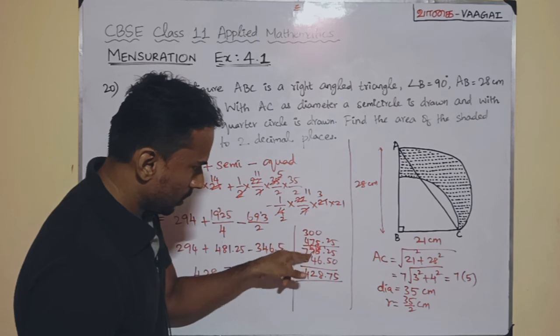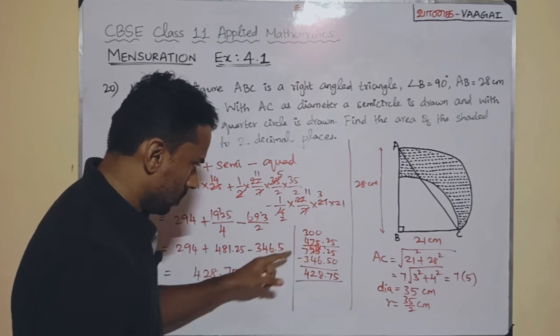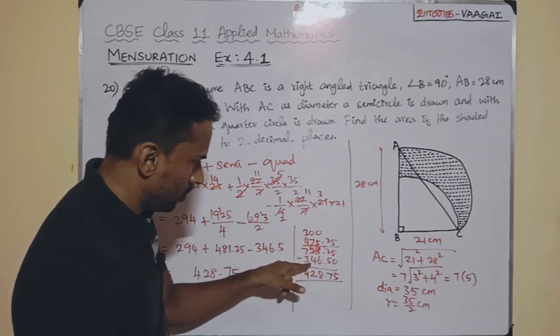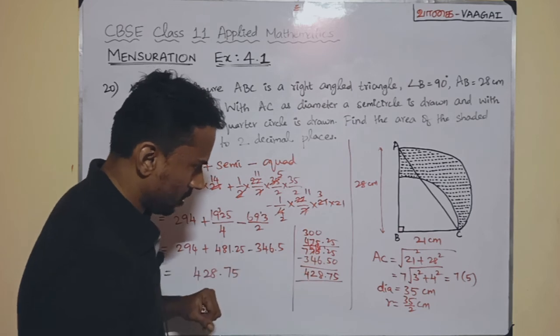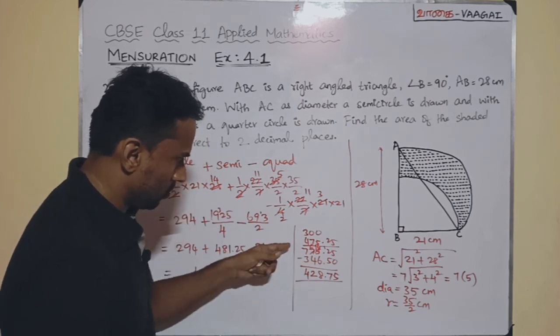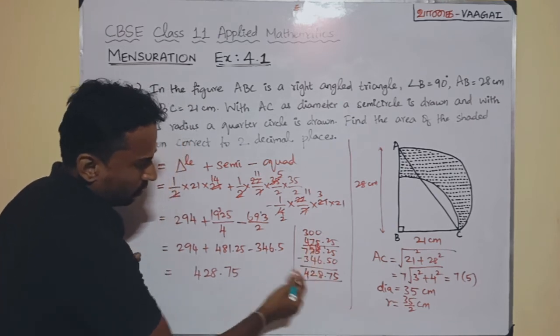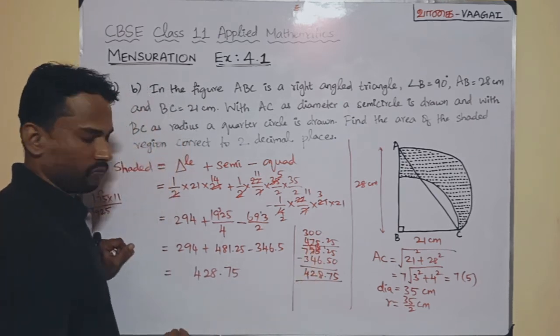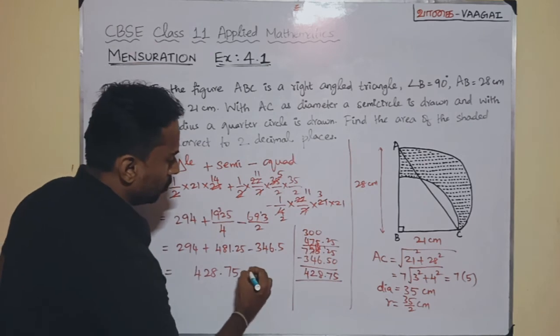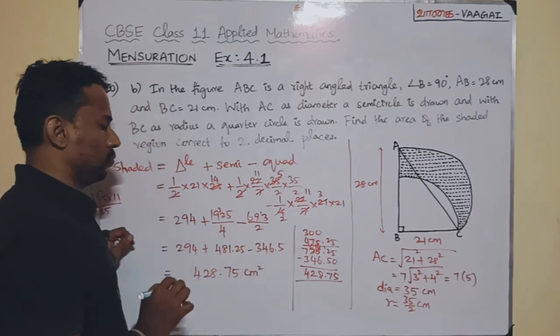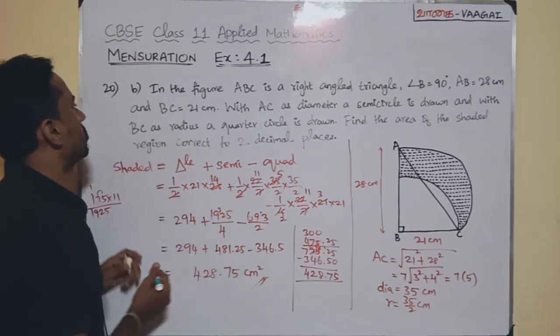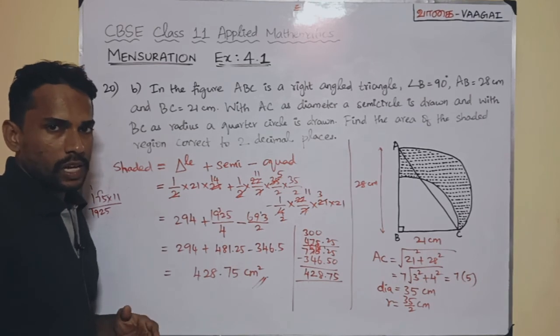So 6 minus this will be 425, yes, exactly. 74, 75. Okay, yes. So this will be 2 and then 4. So 428.75, and along with the units, centimeter square. This will be the final answer for your question number 20, subdivision B.